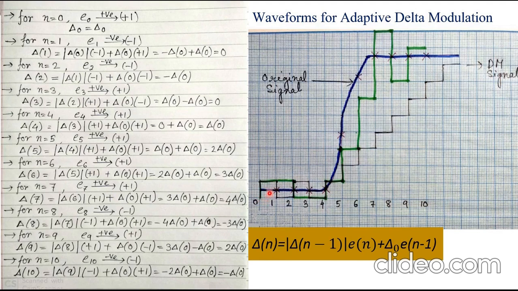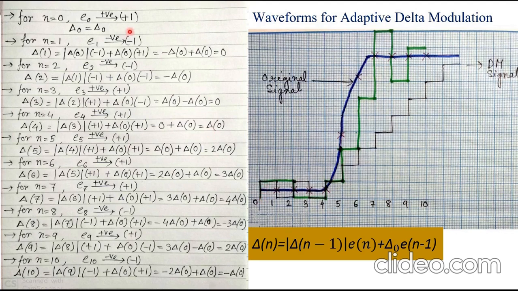So error is positive. So here we should say error E0 is positive. If error is positive, then send +1, and if error is negative, then send -1. And in this case, E0 is positive, because input signal is greater than the staircase signal.